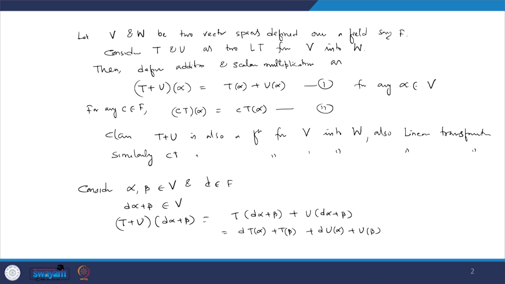So, this means that T plus U of d alpha plus beta is equal to, I can write down, d times T of alpha plus U of alpha plus T of beta plus U of beta. This is equal to d times T plus U of alpha plus T plus U of beta.